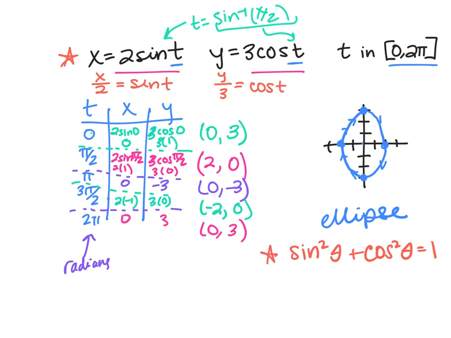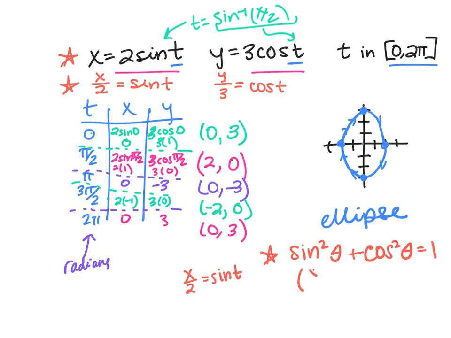We'll now come back down here to our Pythagorean identity. If we know sine squared plus cosine squared equals 1, and we know that sine in this equation is x over 2, and cosine is y over 3, we can just sub that in.